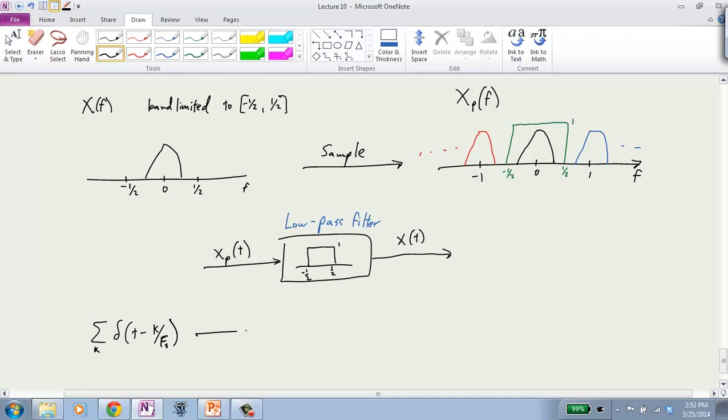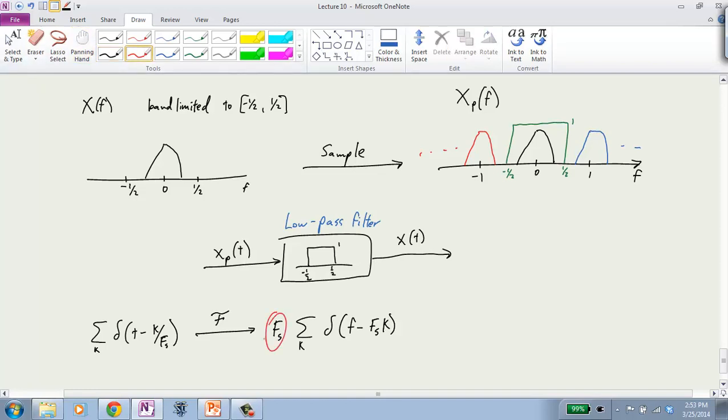And the Fourier transform of this thing is just going to be, let me see if I can get the scaling right, delta of f minus f_s k. And there should be a scaling, which I don't remember if it's f_s here. I don't think so, though. No. I'm going to correct it when I put it online.